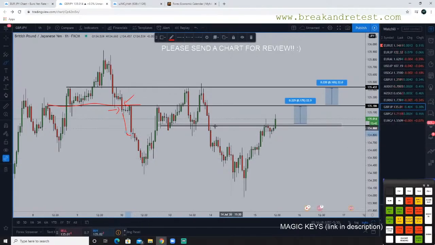What about this zone? We made a breakout, a retest, continuation. So you can't say it doesn't retest. It does, but most of the time we're not there to take it.